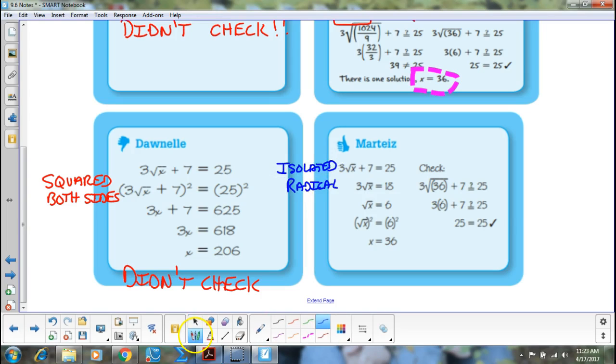He got rid of the root. He squared both sides, right? And then, most importantly, what did he do last? He checked his answer. He did the check to make sure his answer worked out.